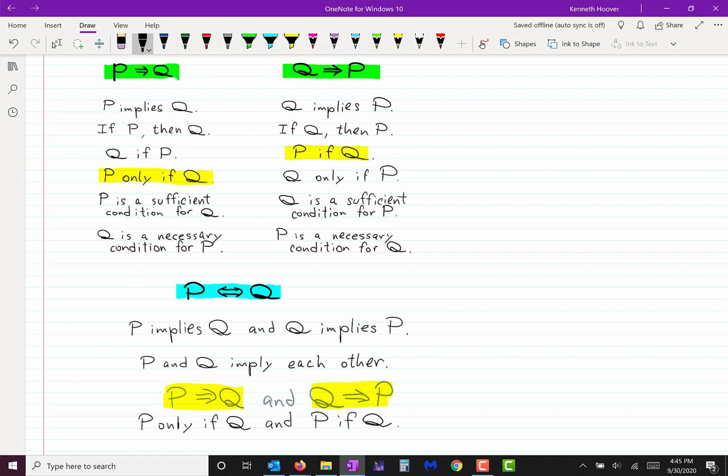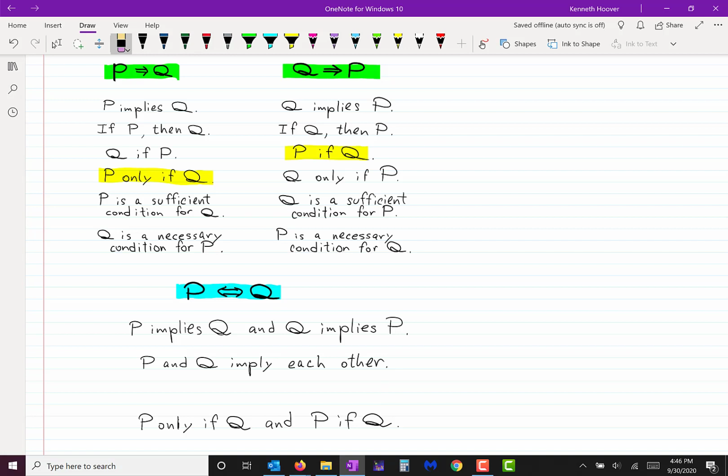We're going to clean it up a little bit. So when I have the biconditional between P and Q, it is possible for me to read it this way: P only if Q and P if Q.